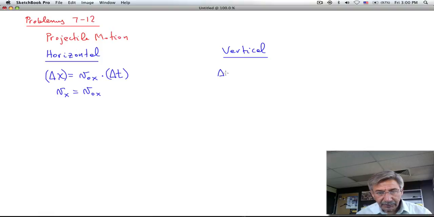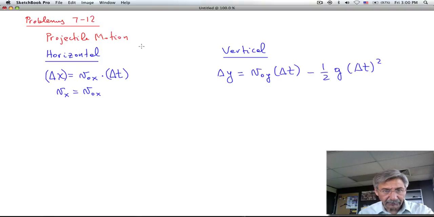Whereas in the vertical motion, you have the usual equation for motion in a line, and the acceleration is g, and the component of the acceleration is negative, because in projectile motion you have chosen as your reference frame the vertical direction pointing up and positive.